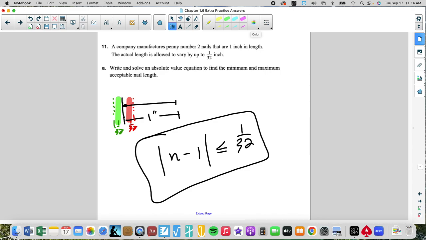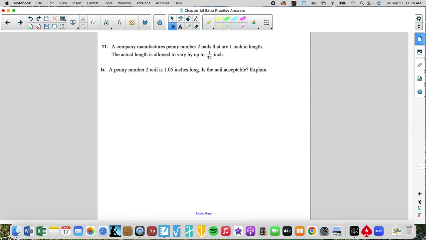Hence why I wrote an inequality sign. But that's kind of technical, really, really technical. If you had done 1 minus n, I think that still works. I like n minus 1. That's the nail length minus the 1 gives me the error. So that's cool, but it has to be less than. That error has to be less than or equal to 1/32.